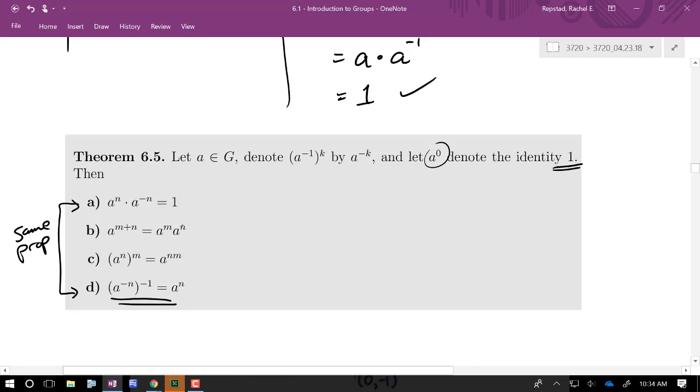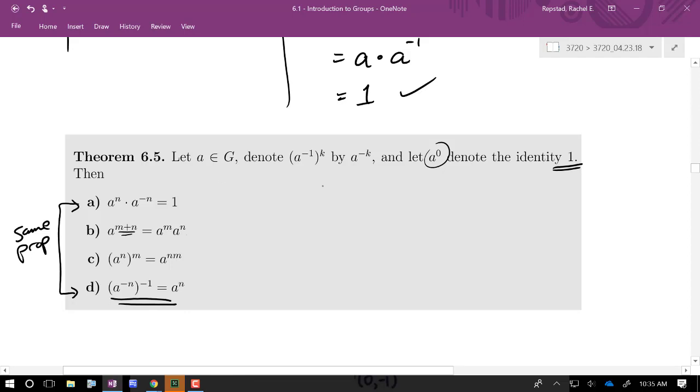And these properties, again, I'm not going to belabor the explanation. It seems like they ought to be true because they're properties we know from regular algebra, and they're basically a result of us adopting the multiplication notation. We could rewrite these using an addition notation if we wanted to.